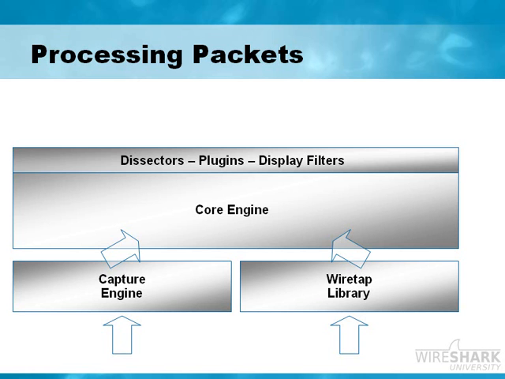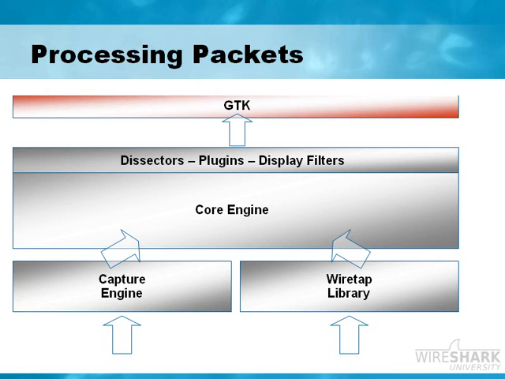And now at this point, display filters can come into play. Because although the core engine has all of the packets saved in there, we might not want to actually see all of the packets. So we can apply display filters to the traffic that the core engine has. Now, the biggest part of Wireshark that makes it different from tcpdump or Snoop or something like that would be the graphical interface.